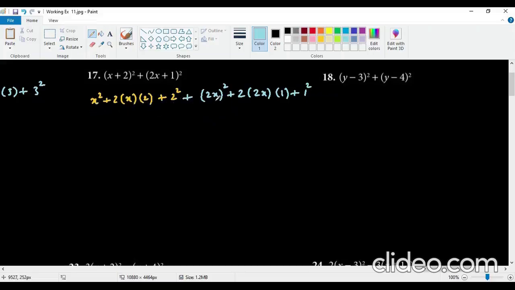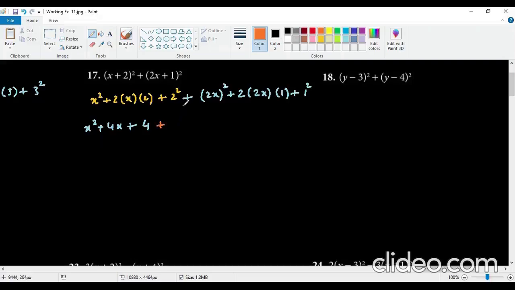Now simplifying this is going to give me plus 4x and plus 4, and for this plus sign I'm using this one.